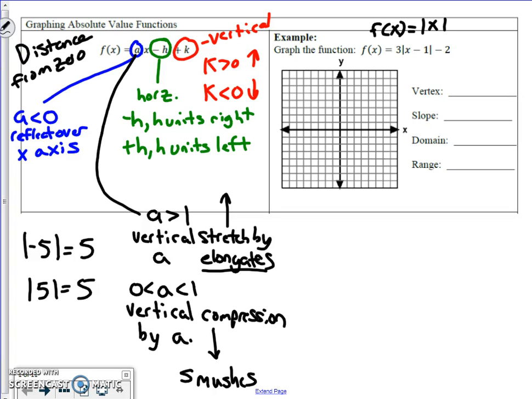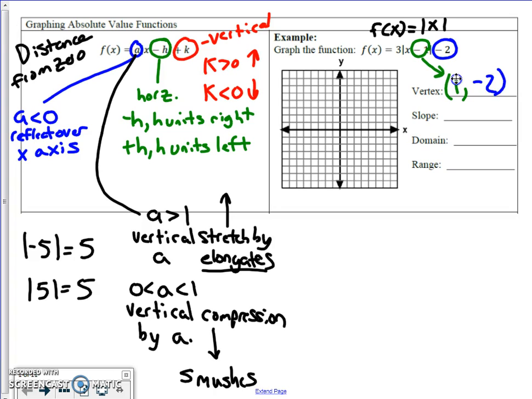So, if I want to look at it here, my vertex is just going to be this, and this. So my vertex is going to come from here. Opposite sign on the parentheses. So we go from -1 to +1, and it's the same sign for my k value.